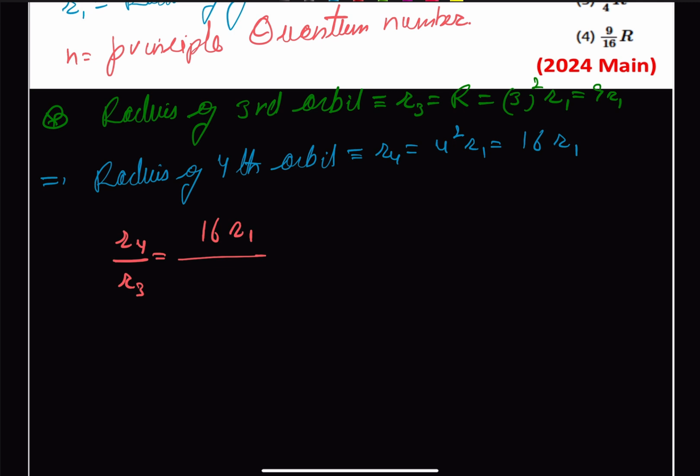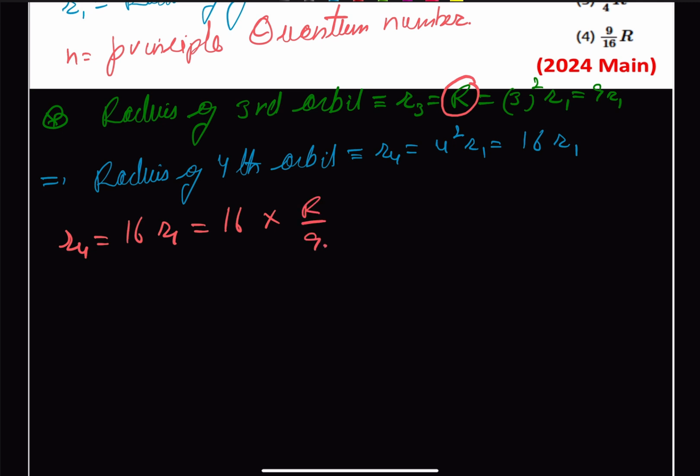Because we have to use capital R, since the answer is in capital R, we write R4 is equal to 16 times R1, and R1 in terms of R is R by 9, so 16 multiplied by R by 9.